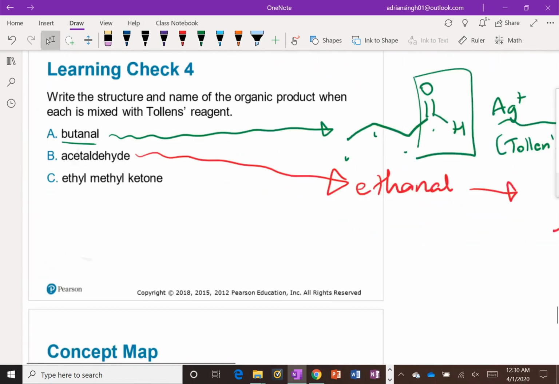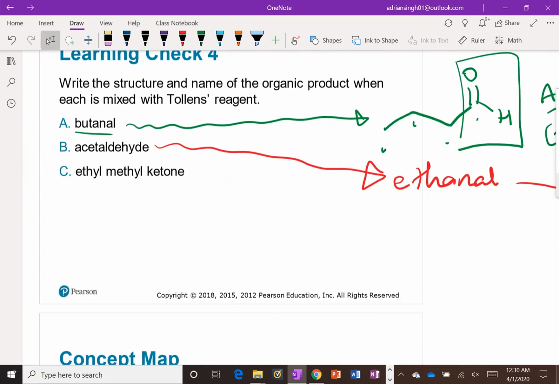And then we have the third one here, ethyl methyl ketone. Well, that tells you it's a ketone. So we have a C double bond O. We have an ethyl group on one side and a methyl group on the other. So methyl, 1 carbon, and ethyl, 2 carbons on the other side.